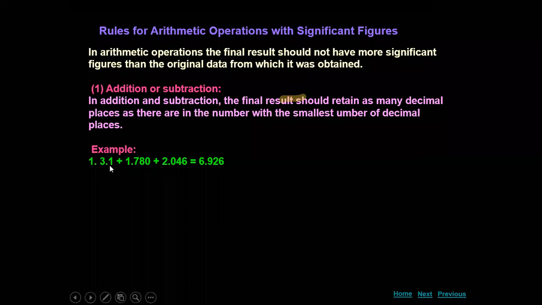See, so 3.1 plus 1.780 plus 2.046. When we add these three, we get 6.926. How many digits do we have to keep? The number with the fewest decimals is 3.1. In 3.1, how many digits are there after the decimal? Only one.